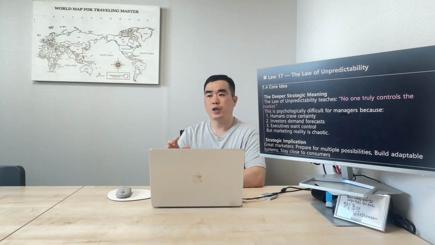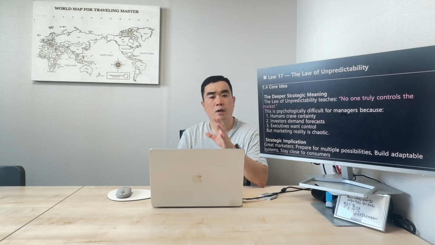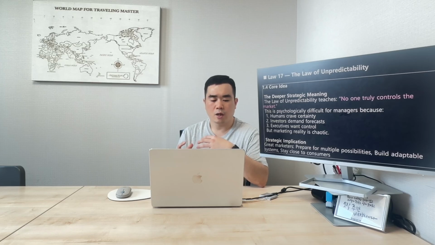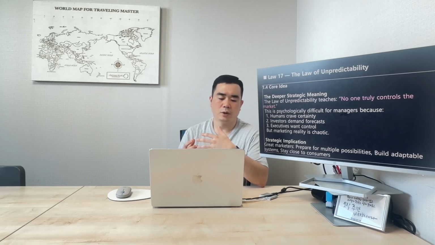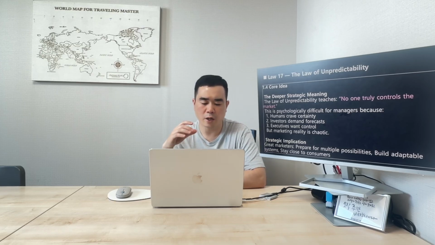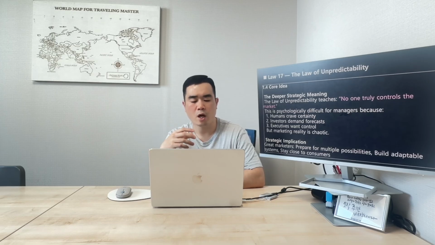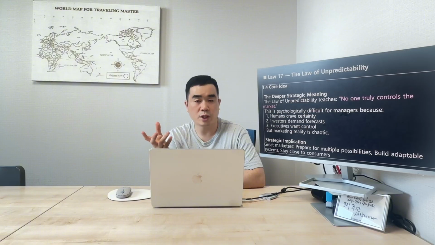We studied CFV in a rare part before the last classes, so please remember this. The strategy implication of the law of unpredictability is to prepare for multiple possibilities. We have to prepare for various possibilities, build adaptable systems, and stay close to customers.